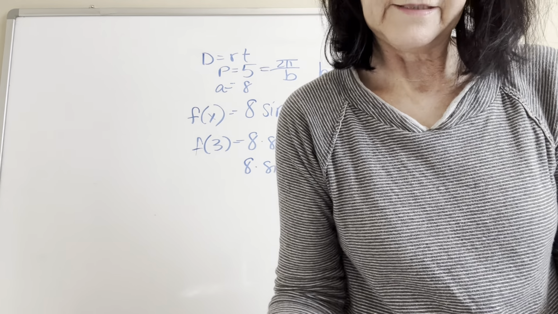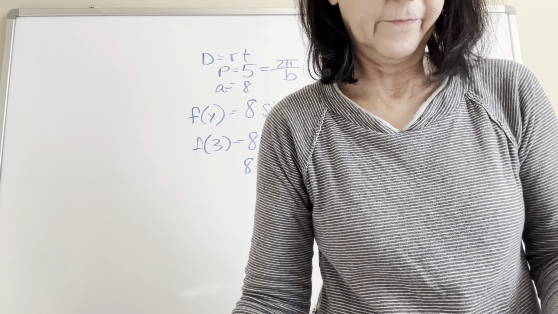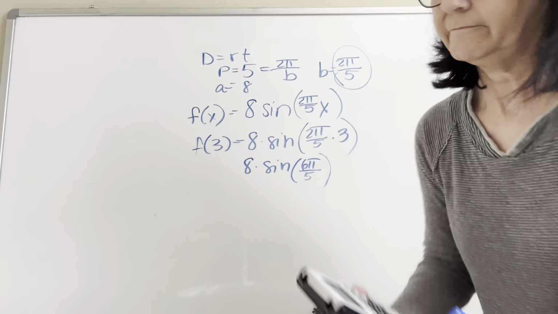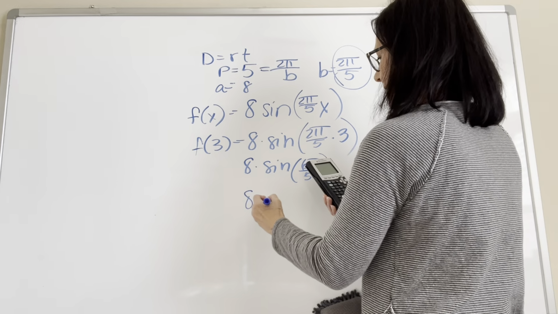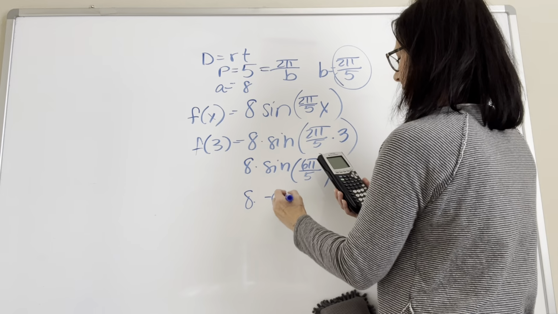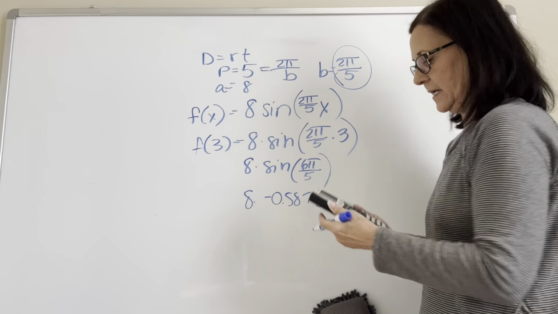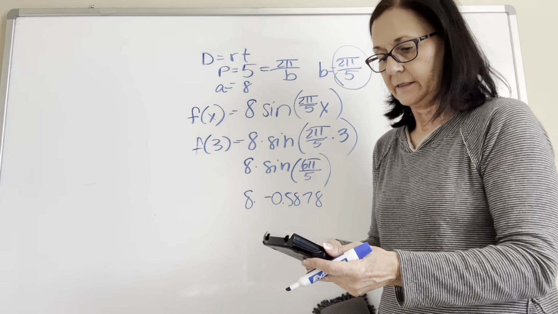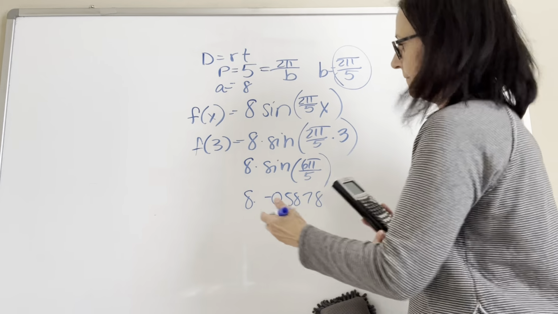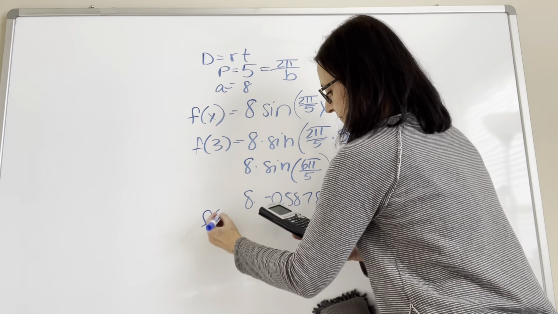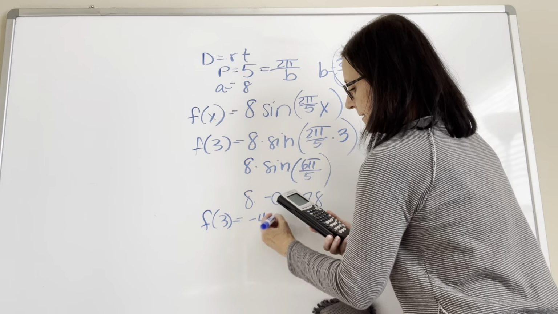So I get, just for that value, negative 0.5878, so it's going to be 8 times that value. I'm just going to multiply this by 8. And we get, so f of 3 is negative 4.70.